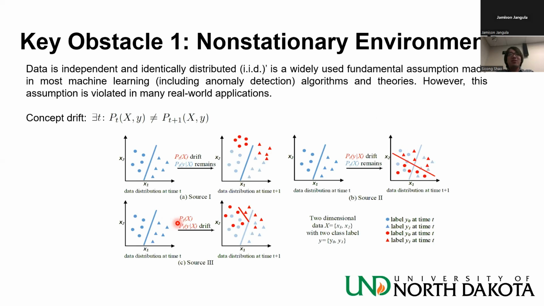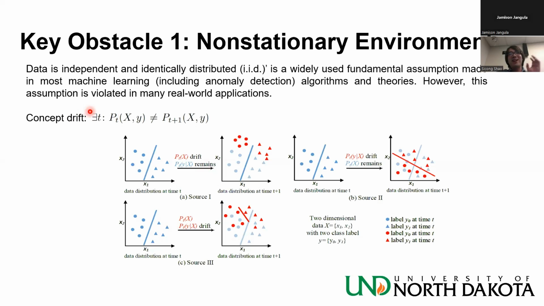And because of the concept drift, your IID assumption fails. For concept drift, we can usually divide into 3 different types, due to the distribution change. This one we call a virtual drift. Why? Because as you can see here, the posterior probability still remains.